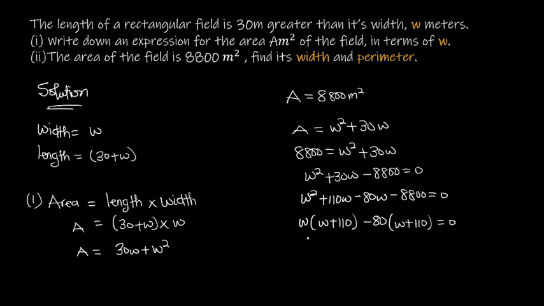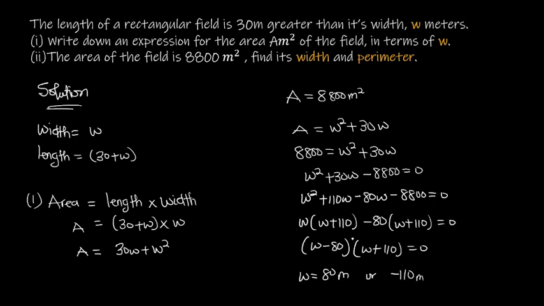So from here I have W minus 80 times W plus 110 is equal to 0. Therefore W is equal to positive 80 meters, or negative 110 meters.